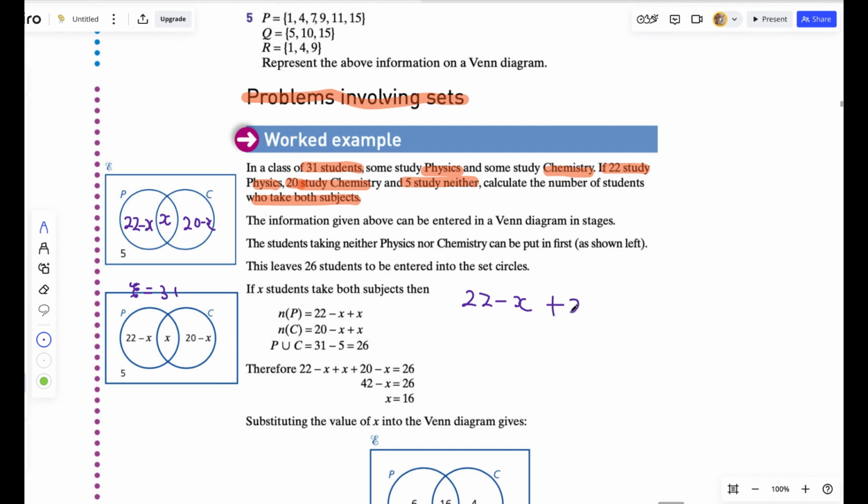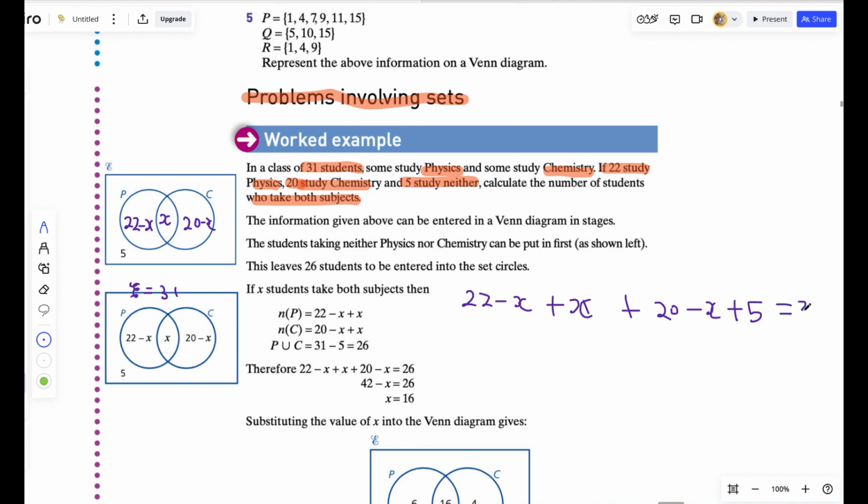We want to find both, those who study both subjects. X represents the number of students who study both. Then we say plus 20 minus x. Plus 5, don't forget this 5, is equal to 31 students in the class.